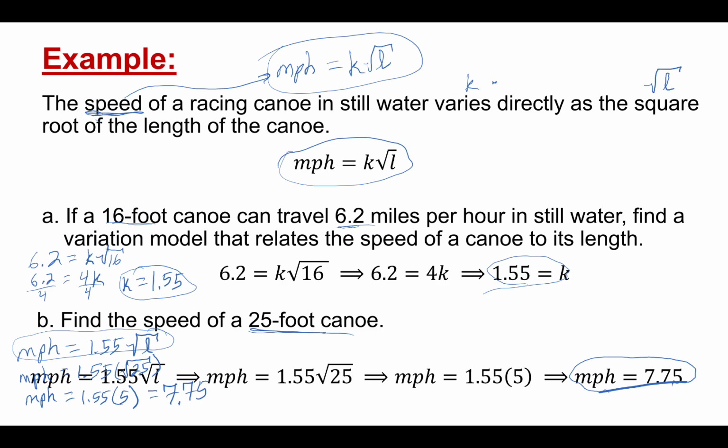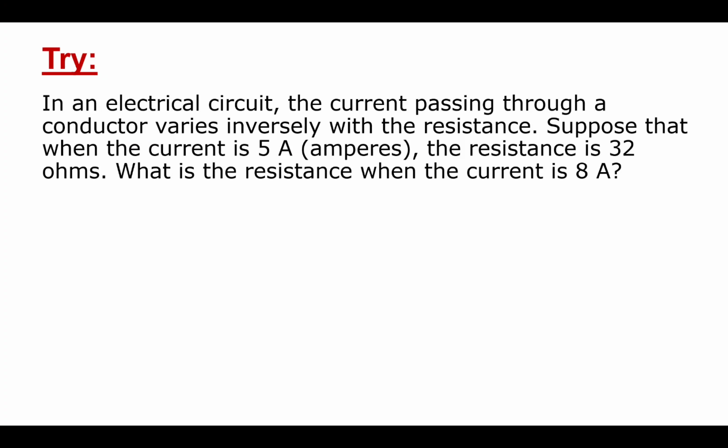The process on these can be more in depth, but my hope is that these variation problems are not ones that you struggle with. Let's do a try, except we'll call it an example.